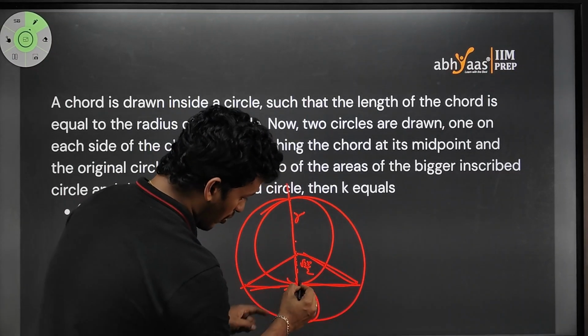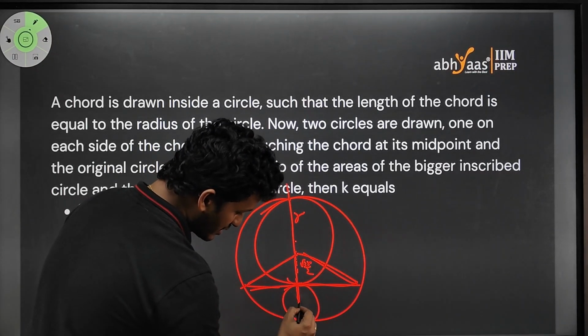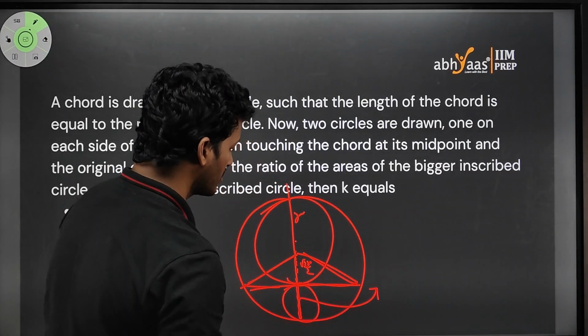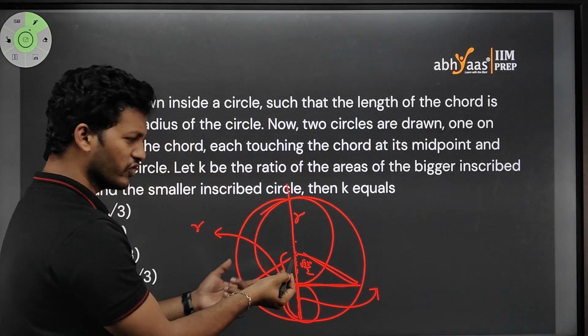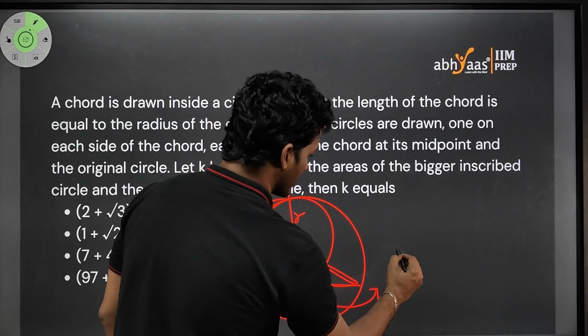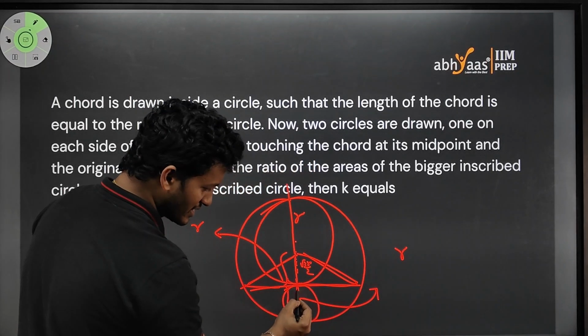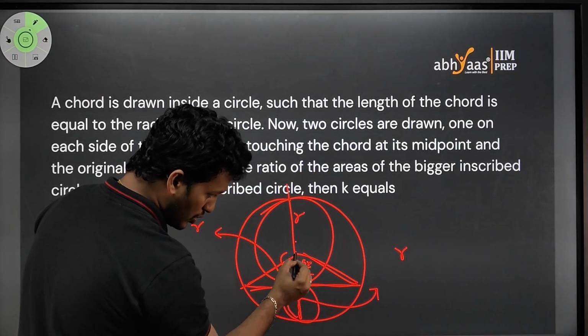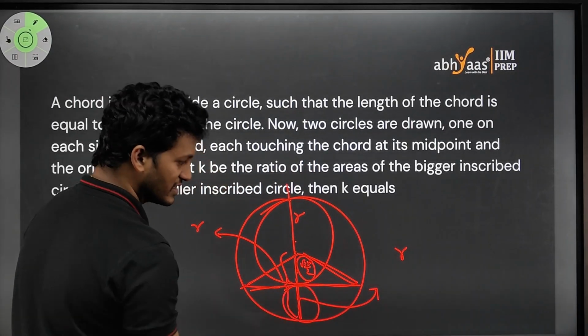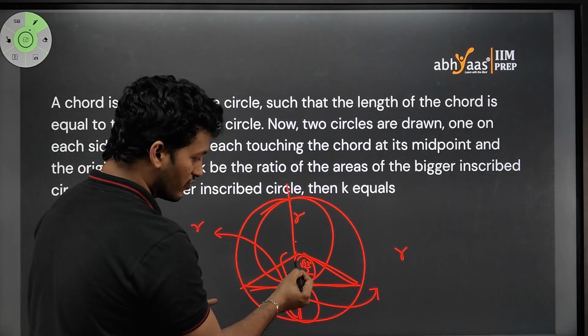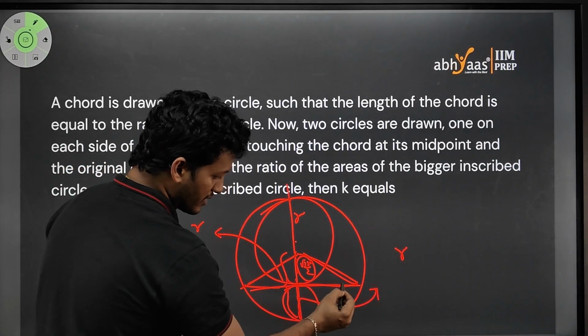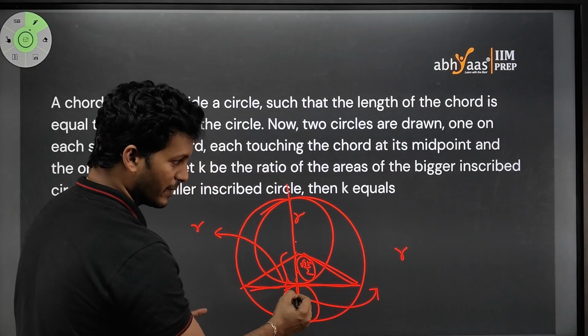So that means what is this diameter? It's nothing but this whole thing is radius r, that we know, the bigger circle's radius. So the small circle's diameter is nothing but the whole radius minus this height of this isosceles triangle. Remember, we are removing only this part to get this diameter.